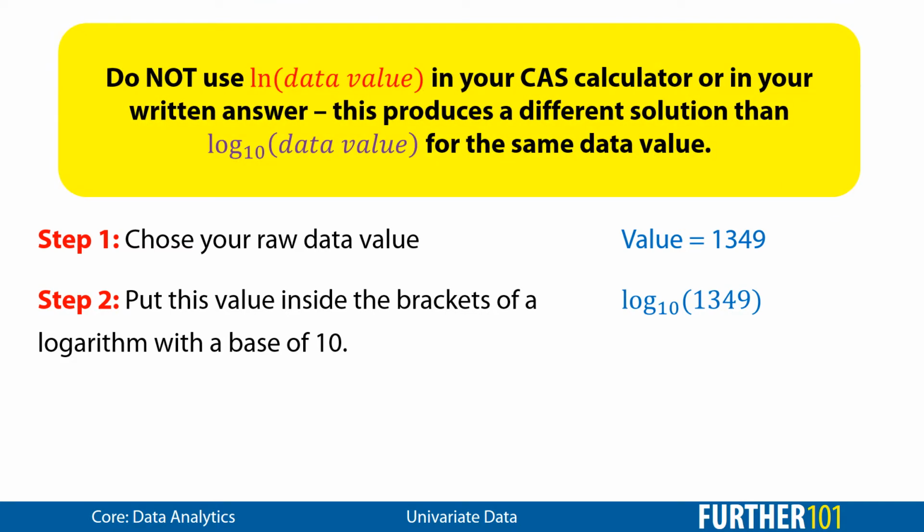Now again, if you're completing the conversion using a CAS calculator, make sure you do not use the ln button, but the log button, and put 10 for the base. ln stands for natural logarithm and will give you a different solution for the same data value than when you're using a log 10. So make sure you're using log with a base of 10.